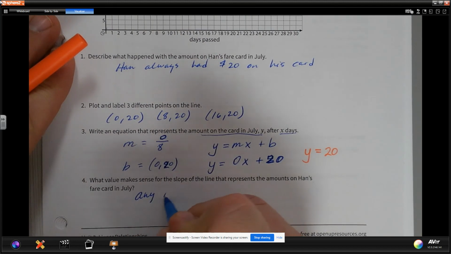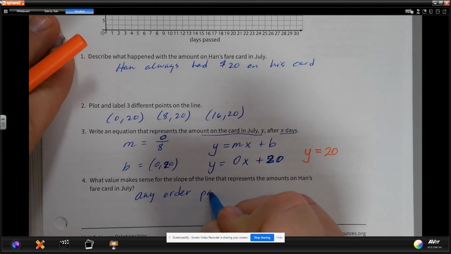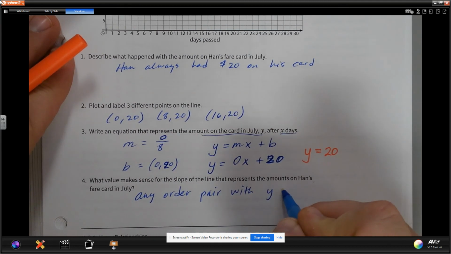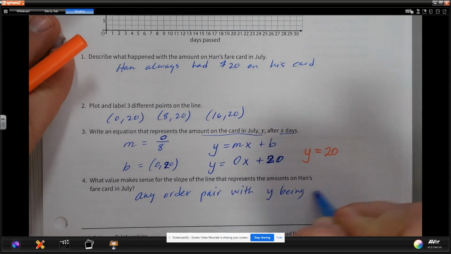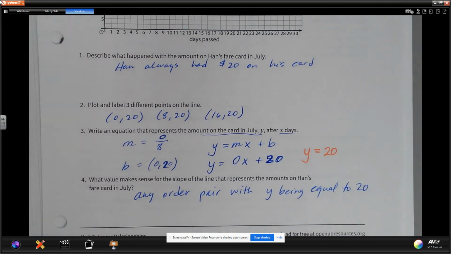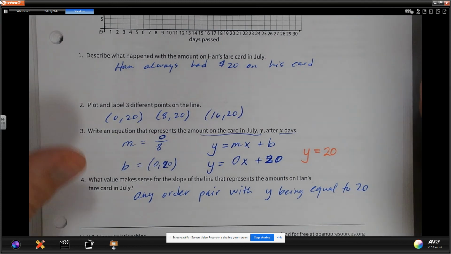So any ordered pair with y being equal to 20. Because if I pick any other numbers, then I don't follow that same line, and I really don't have any other options.